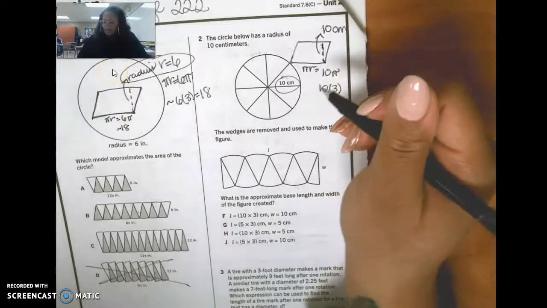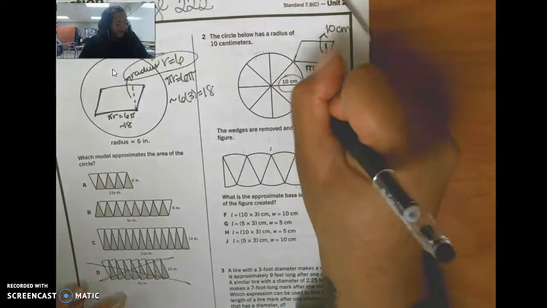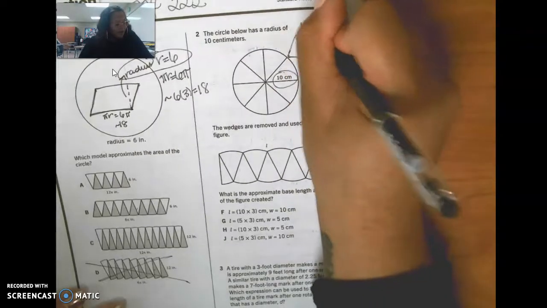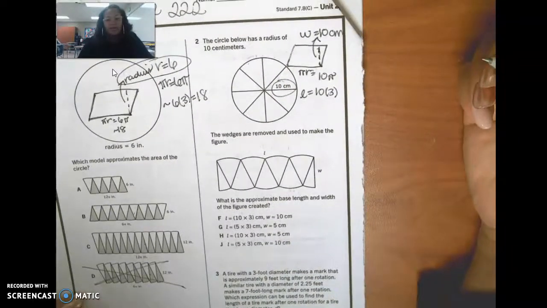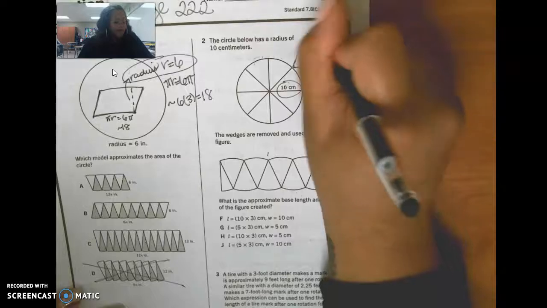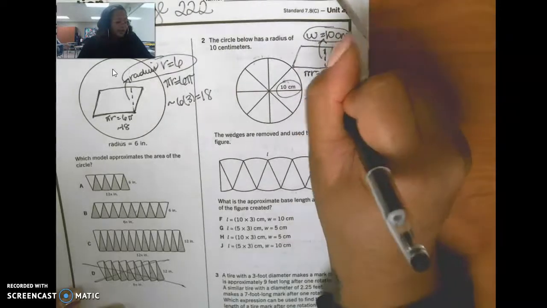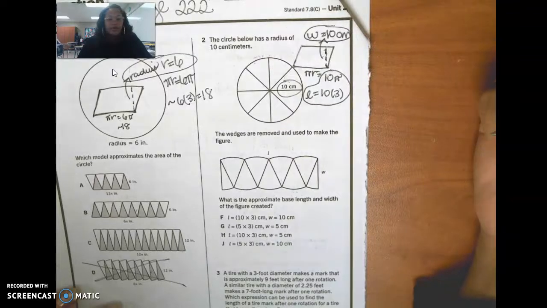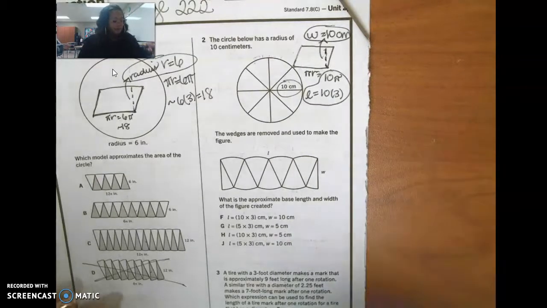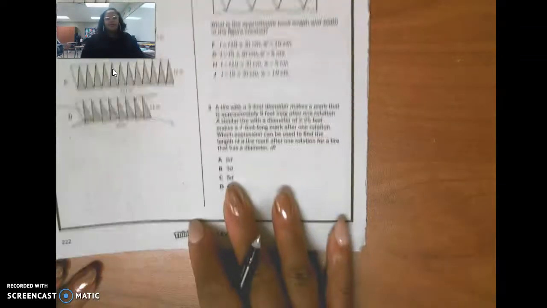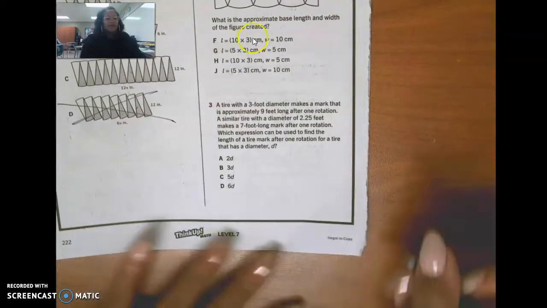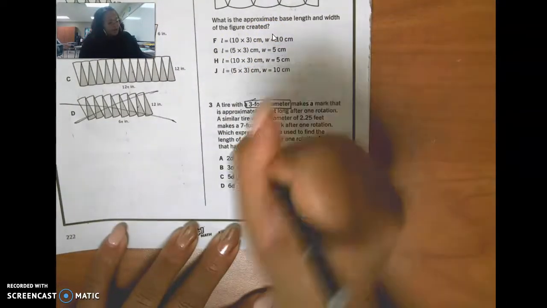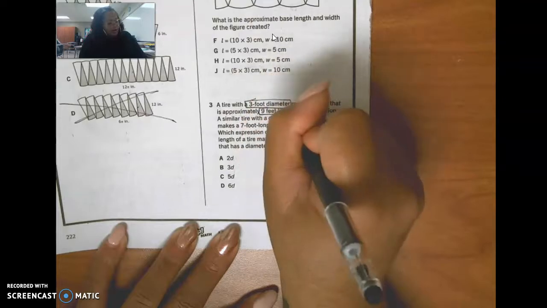So that is my length, and this is my width, if we're talking about the length and a width of a parallelogram. These are key clues to finding the appropriate match for this question or answer. Number 3, a tire with a 3-foot diameter makes a mark that is approximately 9 feet long after one rotation.